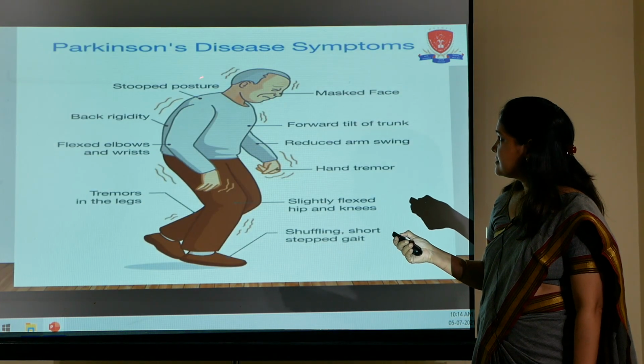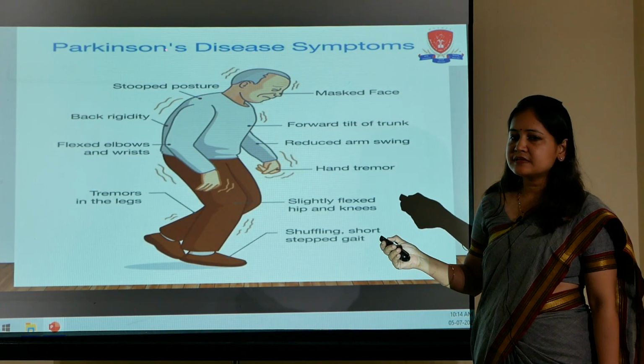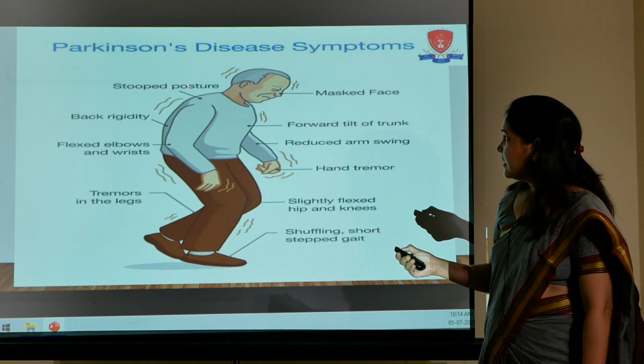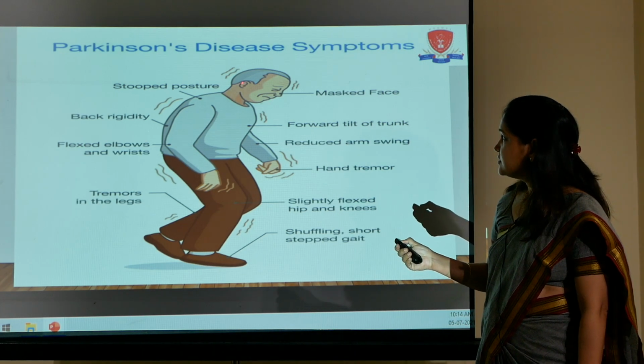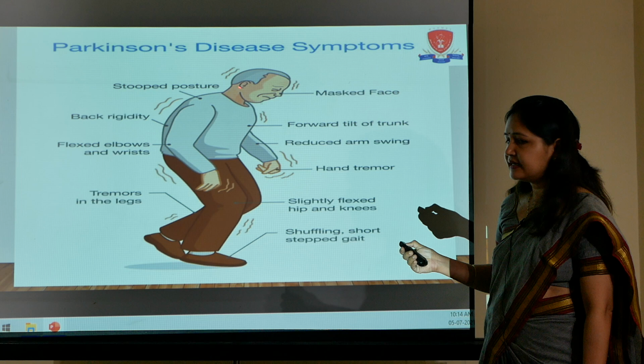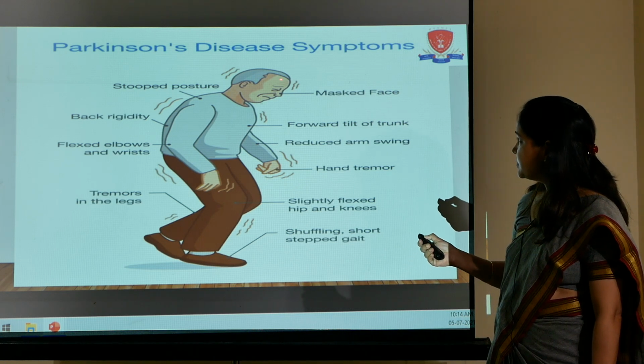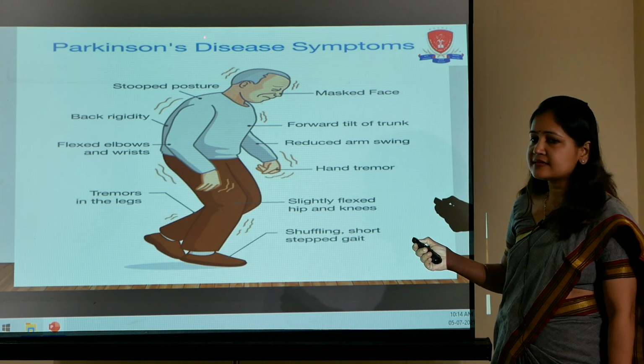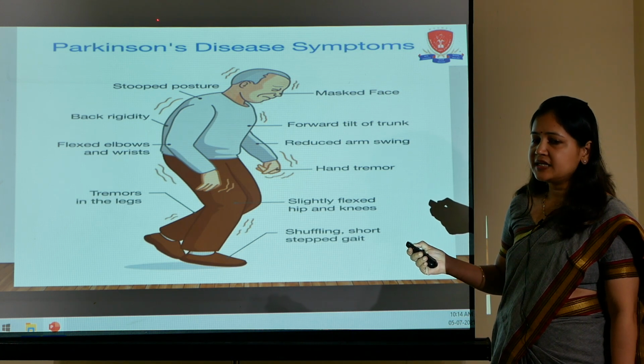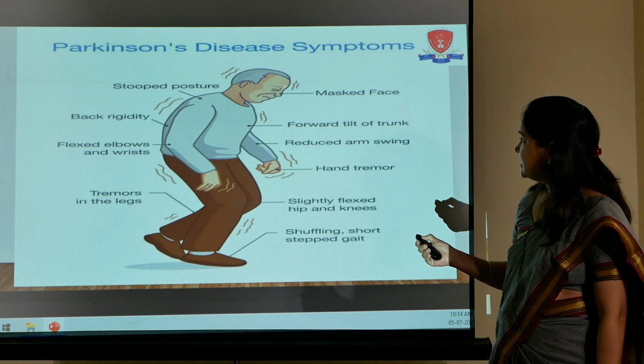Now what is Parkinson's disease? In Parkinson's disease, the dopaminergic neurons get degenerated. Because of this degeneration, an imbalance occurs between the dopamine activity and the acetylcholine activity.